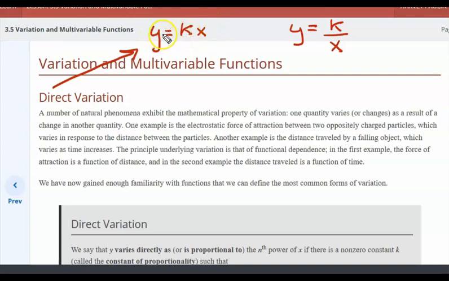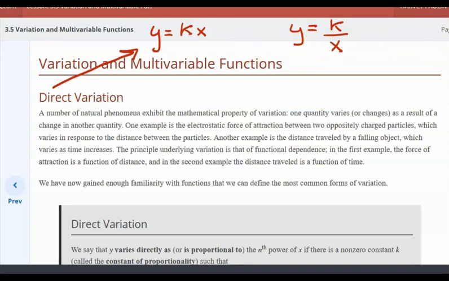The relationship to what we did earlier in slope-intercept, where k was the slope, now k is referred to as the constant of variation. The one later that we'll see is this formula, y equals k over x. This would be indirect variation.